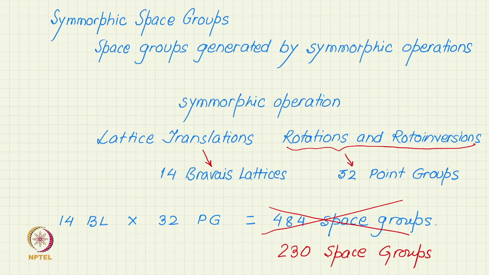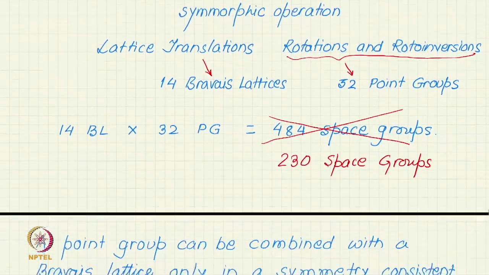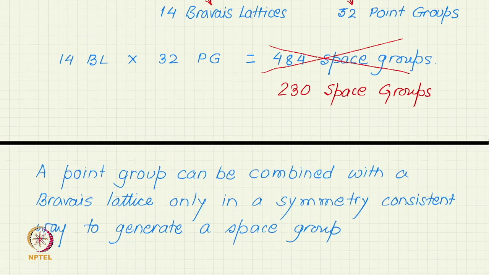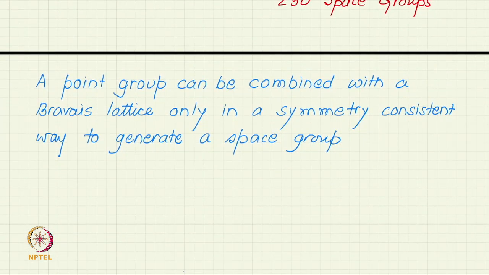So, what happens here? Why do we not get the number 484 and instead only a limited number of 230 space groups? This is because of an important requirement: a point group can be combined with a Bravais lattice only in a symmetry-consistent way to generate a space group. Let me show you what this means.